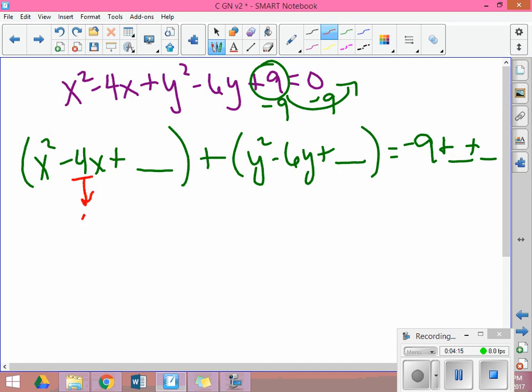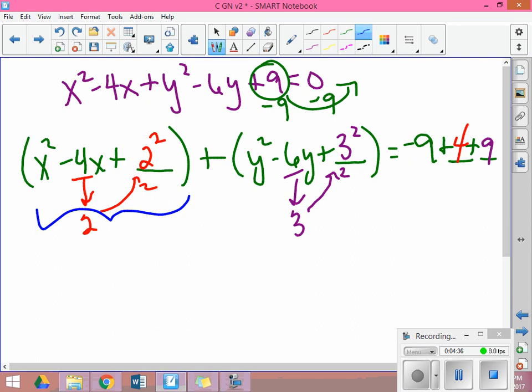Half of 4 is 2, then we square it, 2 squared. So I'm going to add 4. Half of 6 is 3. Square it. I've got 3 squared, so I'm going to add 9.